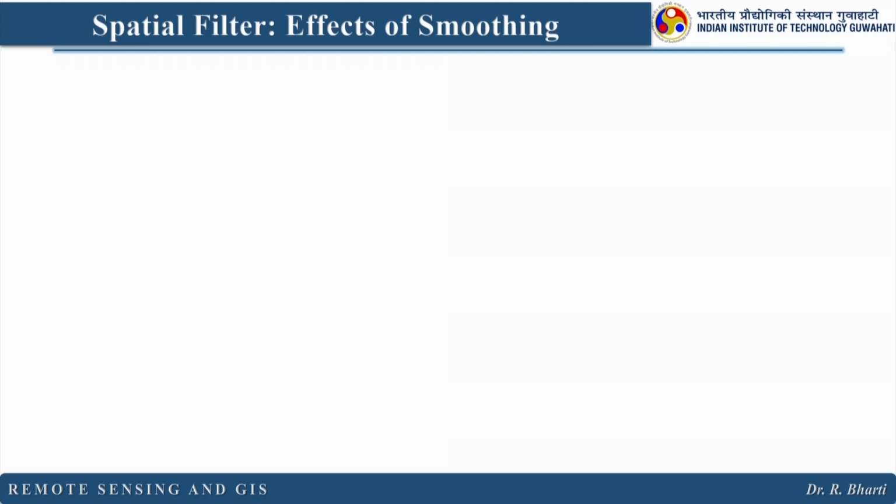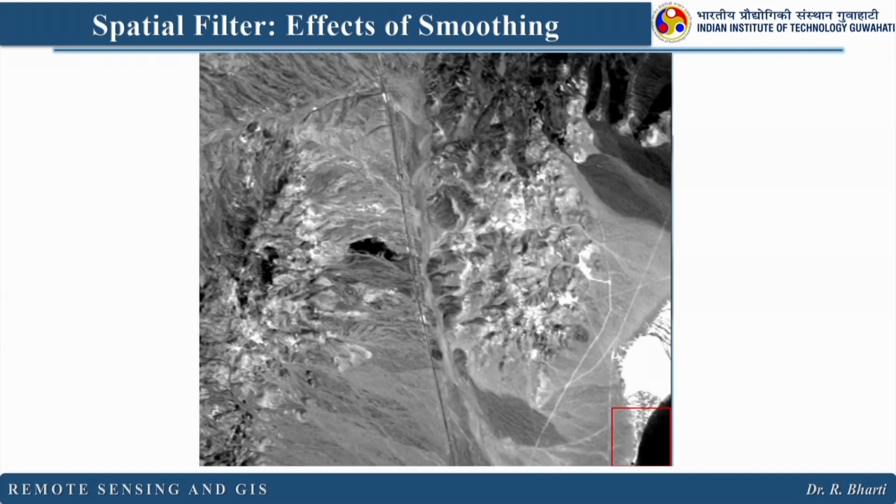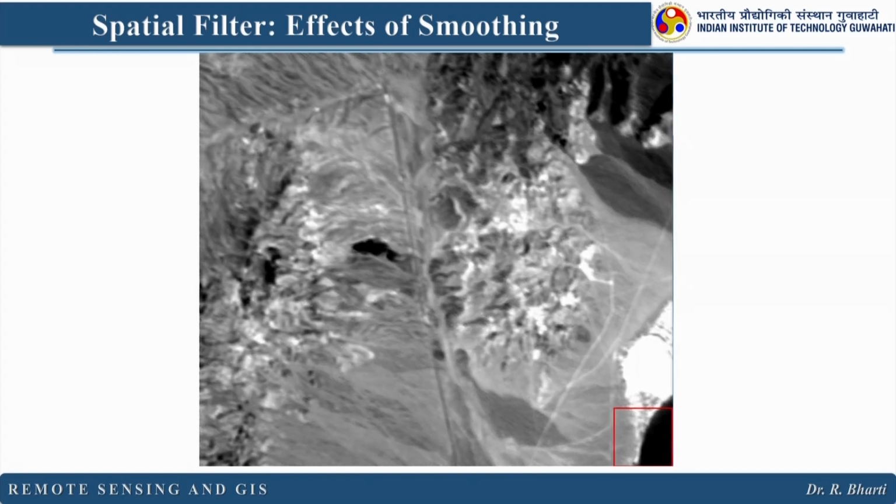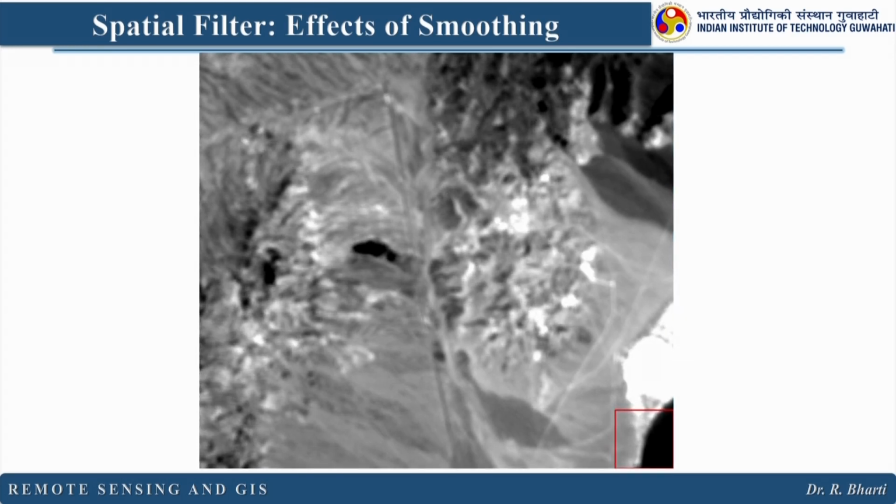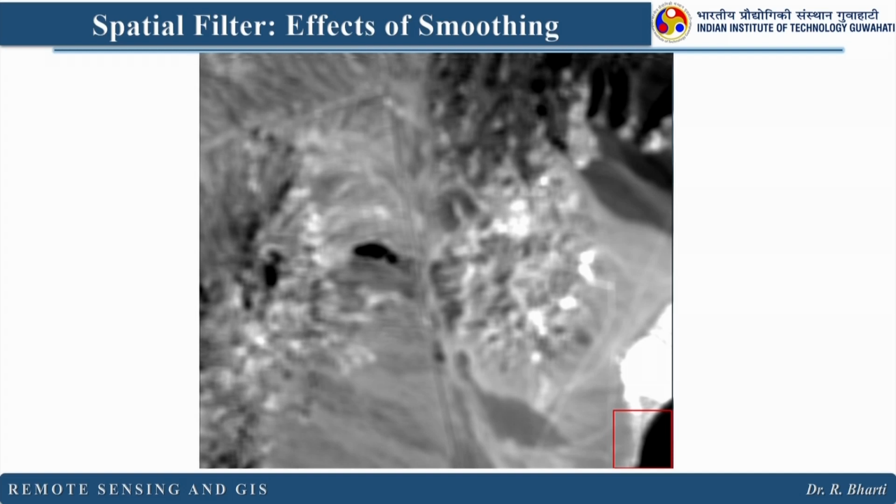Then what is the effect of smoothing on an image, that you need to understand very carefully. This is another example. Here, this is the example when we are using 3 by 3, this is the example when we are using 5 by 5, and this is the example when we are using 7 by 7.